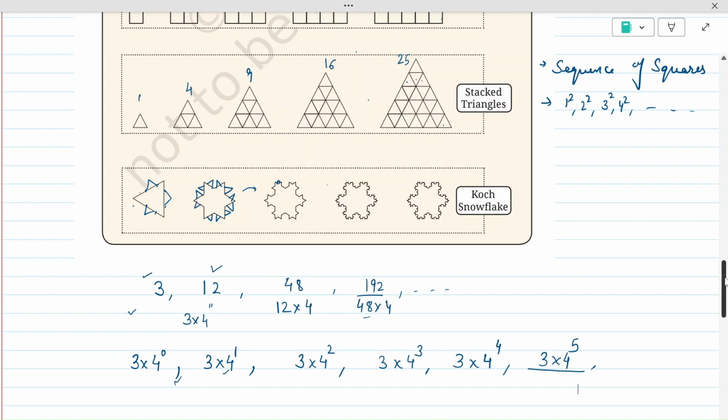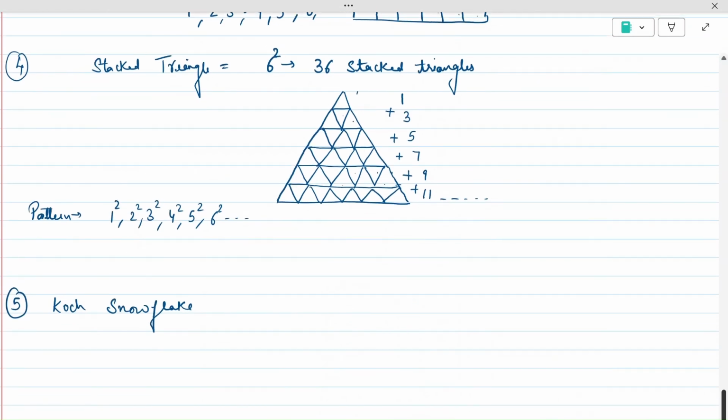So in the last one, I am just writing Koch snowflake. It follows the below pattern. And what is the pattern? It follows 3 times power of 4.